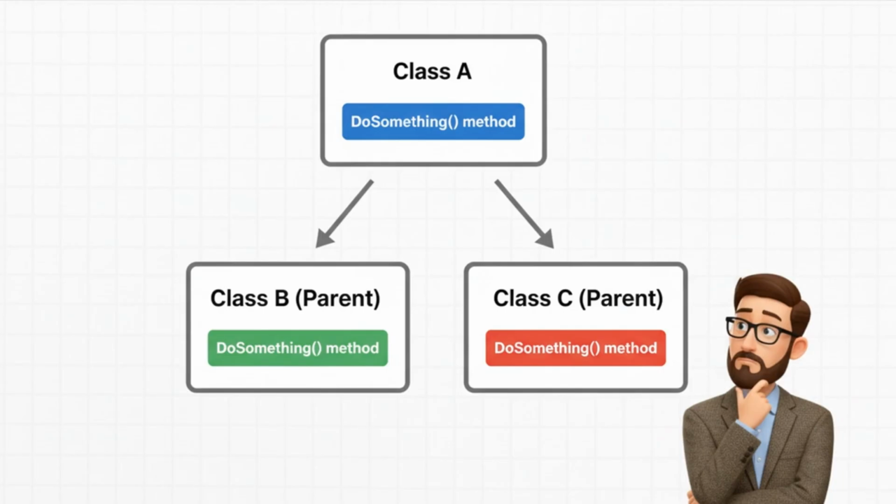Next up, 2 new classes, B and C, both inherit from A. These are our 2 parents. But here's the twist. Each parent decides to create its own special version of that DoSomething method. So now we've got 3 conflicting versions of the same function floating around in our family tree.